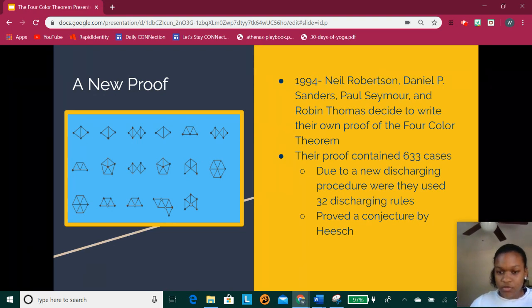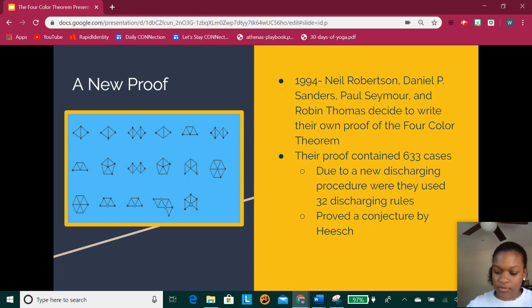This was due to a new discharging procedure where they were able to have 32 discharging rules, because of a conjecture that was proven by Heesch that I would like to share.